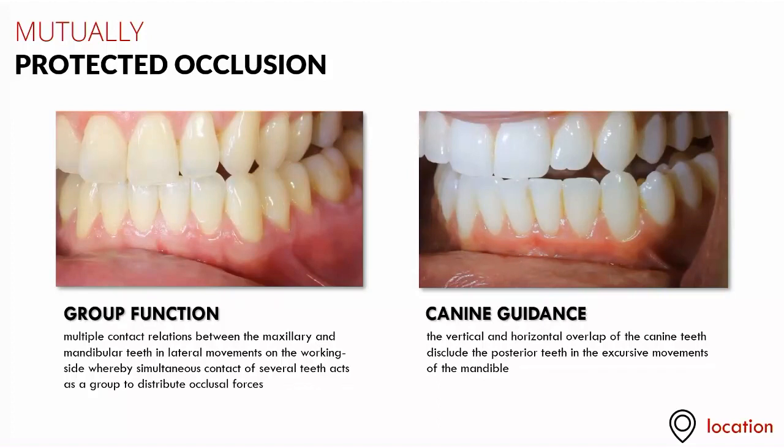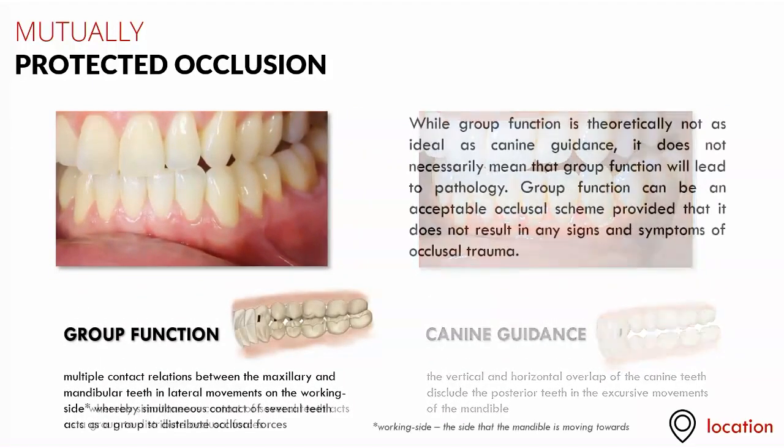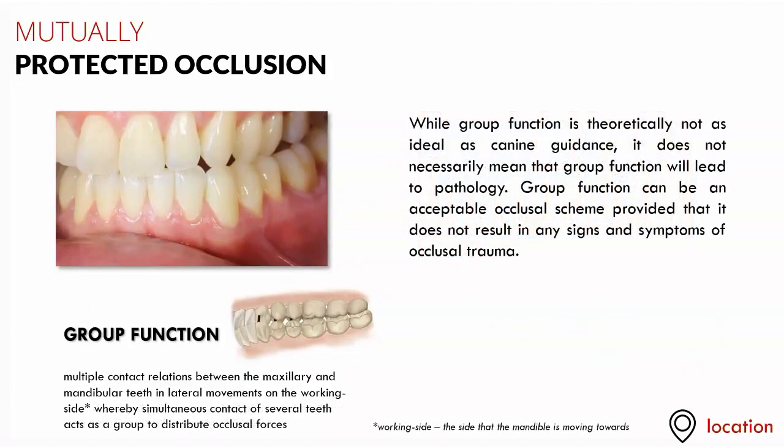Let's also define working side, because this is a term you haven't seen before. And it's a pretty simple definition. The working side is the side that the mandible moves towards, right? So in this video or this picture, if we're looking at the patient, which side is that mandible moving relative to the patient?